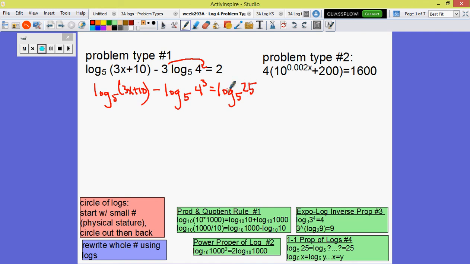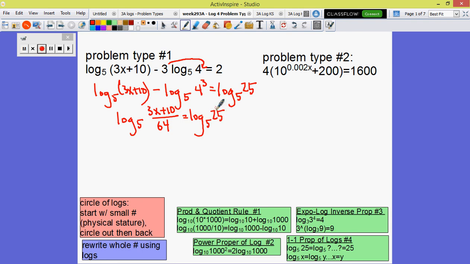Okay, now moving on, remember, anytime you see a minus, you think divide. So I'm going to go log base 5 of (3x plus 10) over 4 to the power 3, which is not 12, it is 64, equals log base 5 of 25.